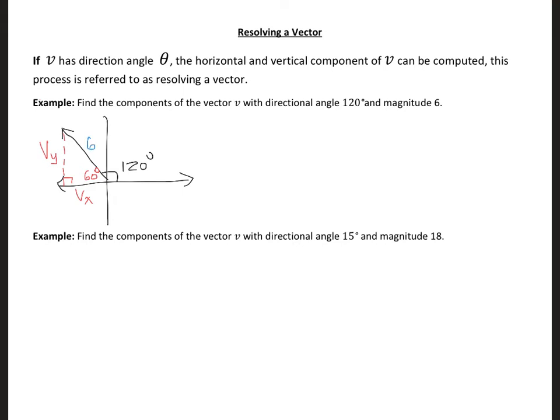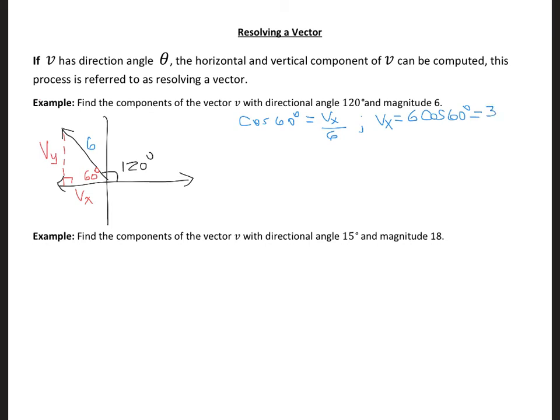To get V of X, I'm already given the hypotenuse, which is 6. So I'm going to write cosine of 60 degrees is equal to adjacent over hypotenuse, which is 6. So the horizontal component is equal to 6 cosine of 60. I put that in the calculator, and that will give me 3.